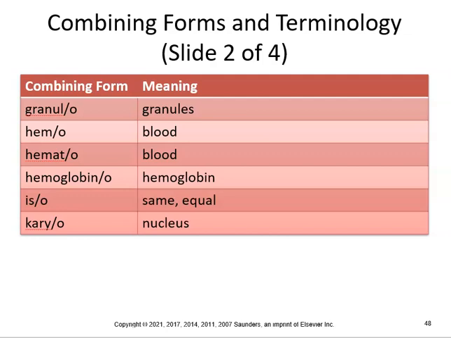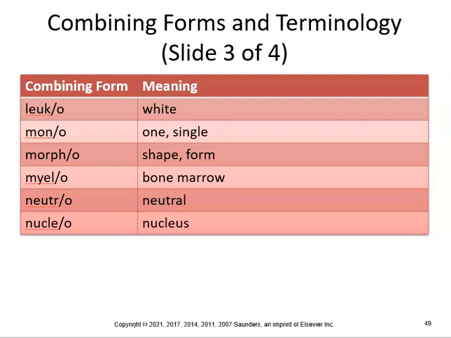Iso is the same. And kary is nucleus, so megakaryocyte would be a cell with multiple large nuclei, immature platelets. Leuco, white, leukocytopenia, deficiency of white blood cells. Mono, single, monocyte, white blood cell with one large nucleus.